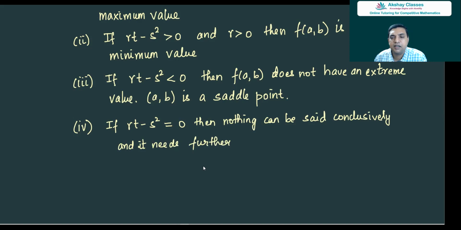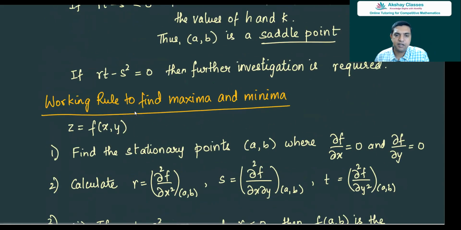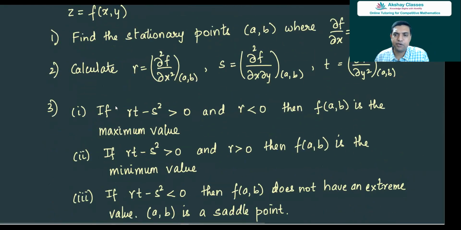That means we can check the first derivative test at a comma b along any path. If we can show that it is a point of minimum or point of maximum along any path, then we can conclude. So this is the working rule.